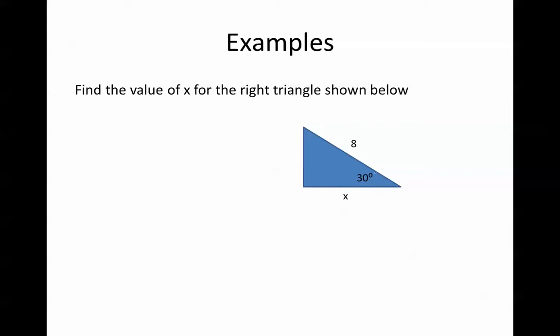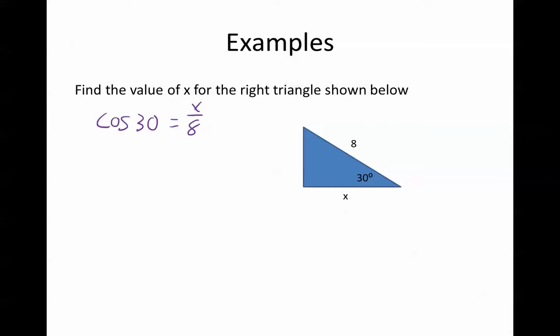And so what sides do we have? What's the trig identity we're going to use? Notice we have adjacent and hypotenuse, which we know is cosine. So here we have cosine of 30 degrees. And I know that the cosine of 30 degrees is x over 8, right?